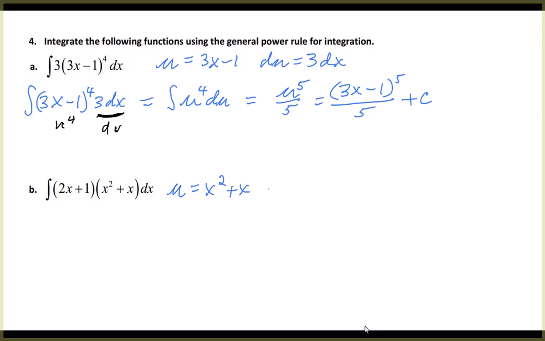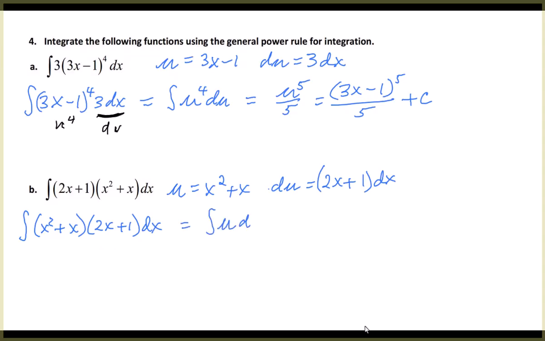It's 2x plus 1. There you go. And again, we've got that sitting right in front of us. A lot of math, I don't know if you've realized yet, is just patterns. Okay, so that ends up with just u du.